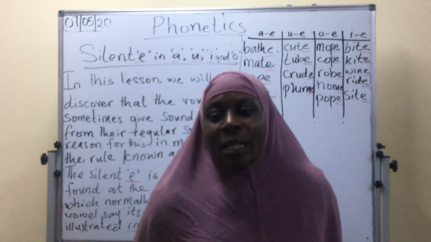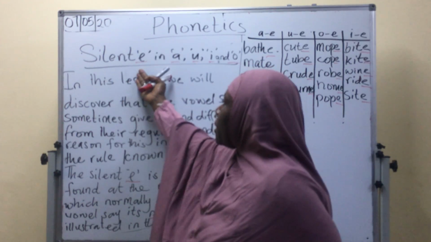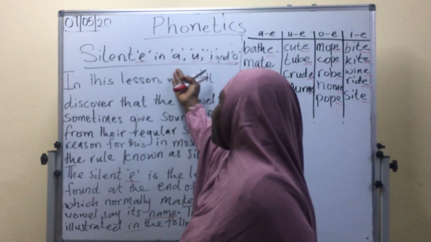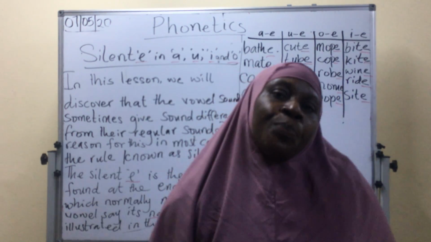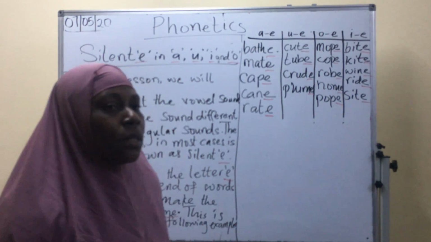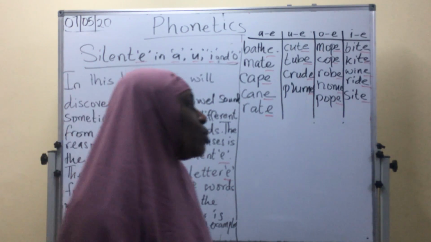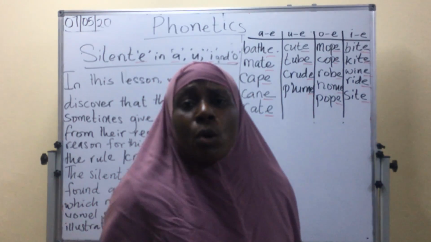We are back again to take you through the subject of phonetics, and the topic is silent E in A, U, I, and O. We have done this topic before. In those classes I told you that when something is silent, it means that it makes no noise.